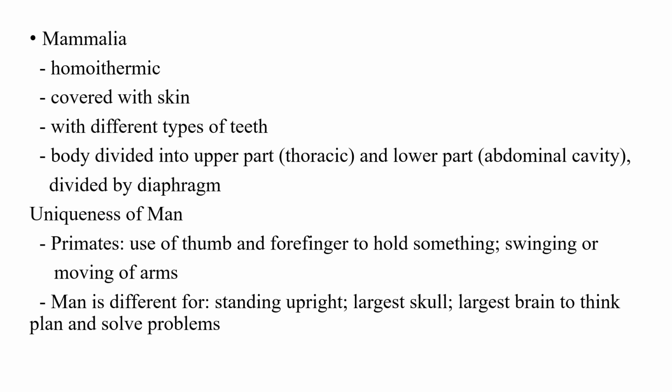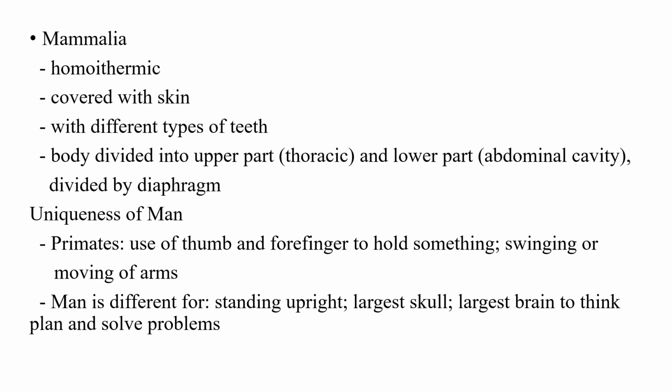We have the body being divided into the upper part, which is referred to as the thoracic region, and the lower part, which is referred to as the abdominal cavity. The thoracic region and the abdominal part are divided by what we refer to as the diaphragm.